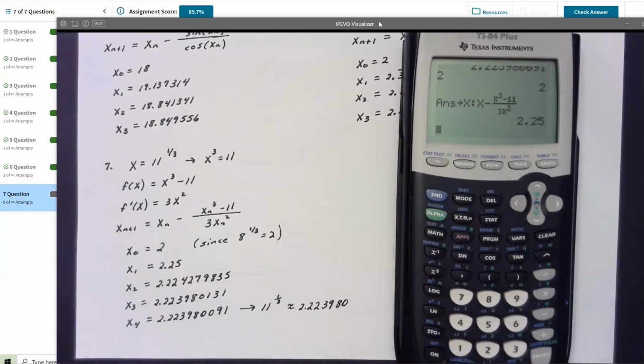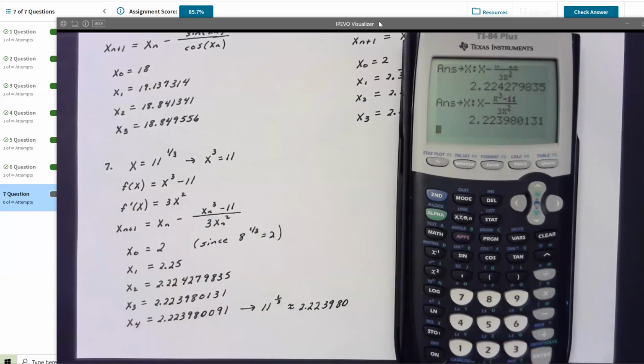It's wanting me to do as many as necessary to get 6 decimal place accuracy. So I have to find, obviously, the first refined guess, and I don't have any decimal place accuracy at that point. By the time you do the second refined guess and get the 2.2242798, you can see you have at least one decimal place accuracy at the 2.2, but then you're not certain about anything after that.